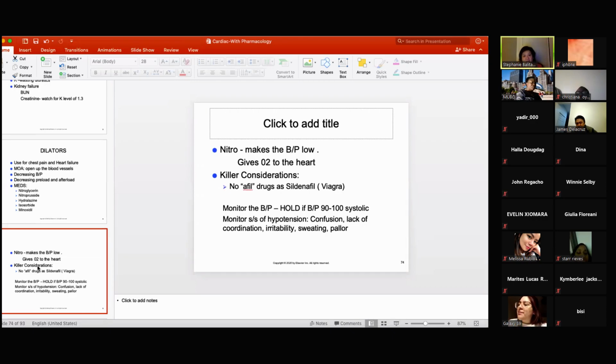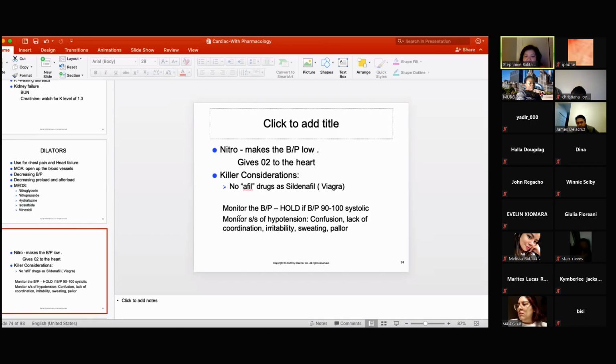No Viagra if you're taking vasodilators. You could die from that, because now you have two vasodilators. With your dilators, monitor the blood pressure over and over again. Hold if the systolic blood pressure is 90 to 100.